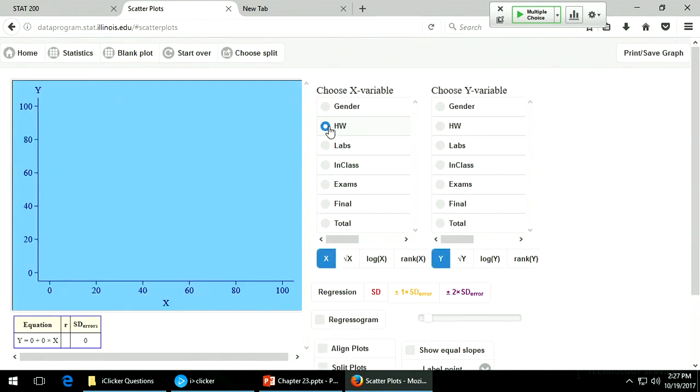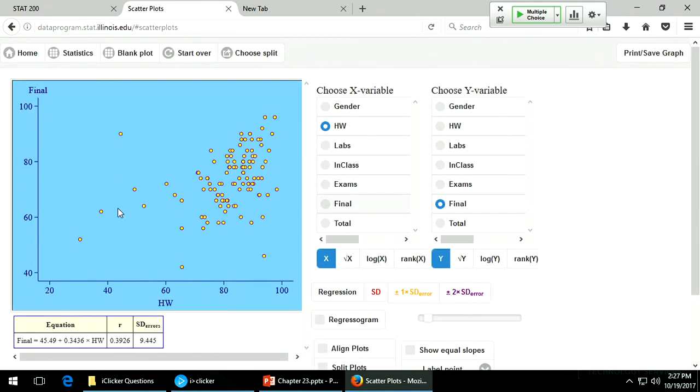We're predicting final from homework, and you can see the regression, and here's our R. The question is whether, if there really was no correlation at all in the population, you'd pick 107 points with that strong a correlation. It doesn't look like it would be that unusual, right? There's a lot of random scatter.